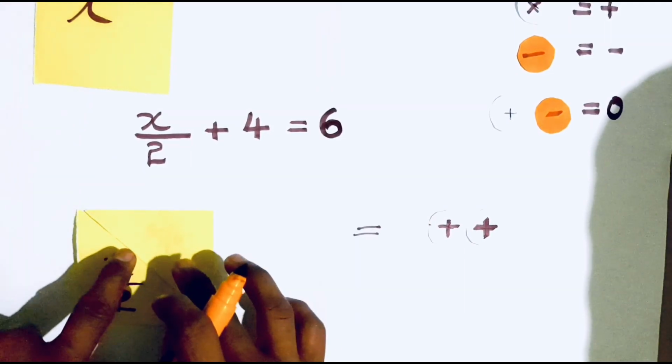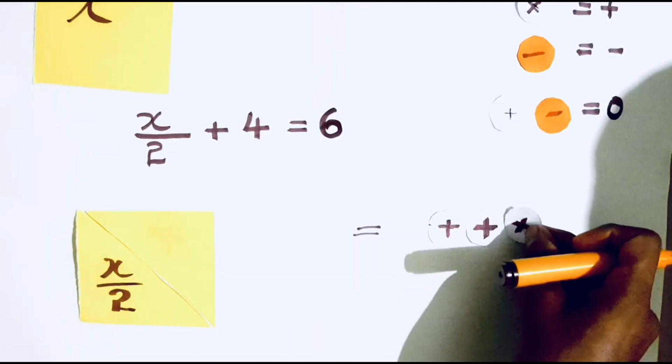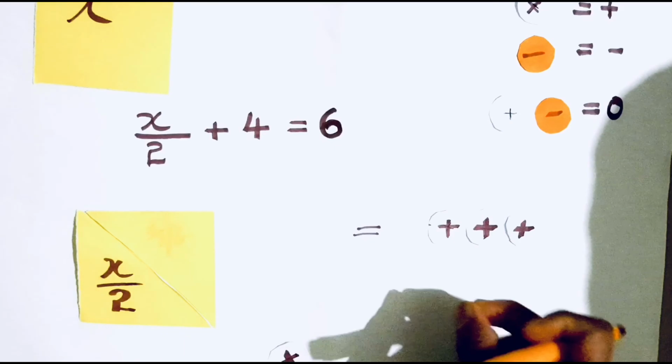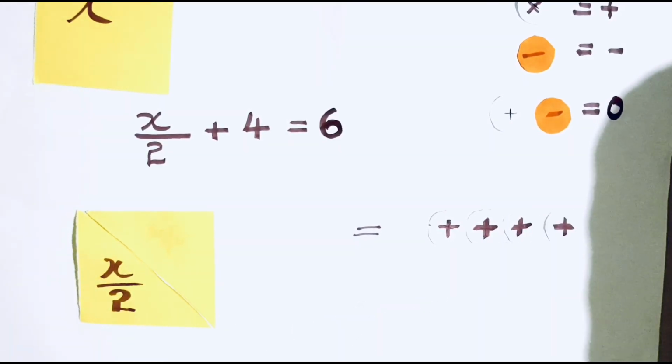So here if it is x by 2 plus x by 2, then we have to add two more positive counters, so that becomes x is equal to 4.